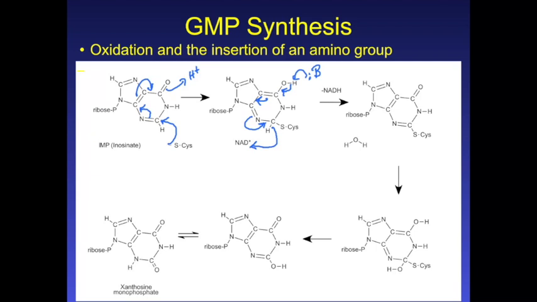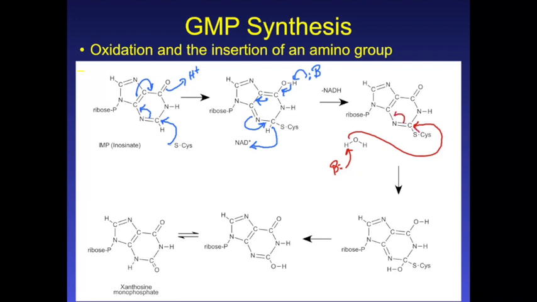All right, what in the world is happening now? I'm going to add water. Okay. And so the water goes onto the carbon that has the what? That sulfur, the cysteine. So I'll take this. I will attack it. Okay, but what happens with that?